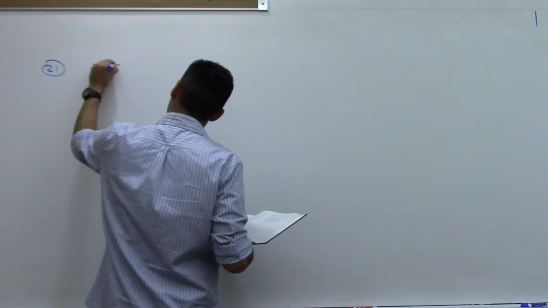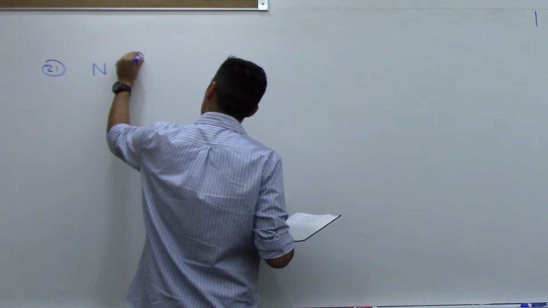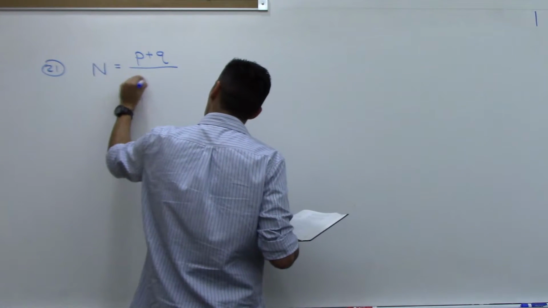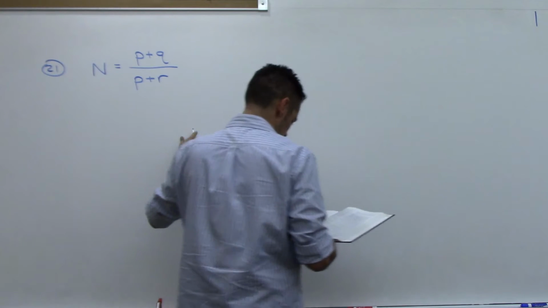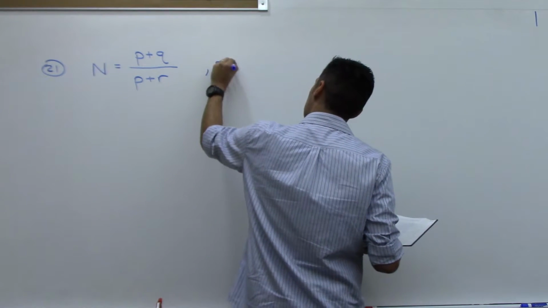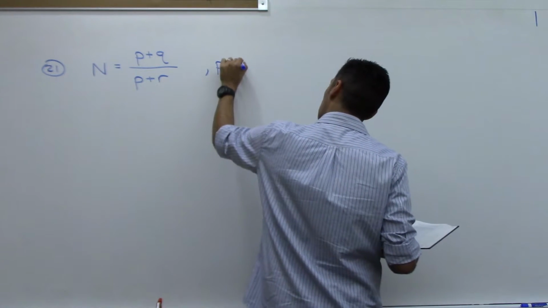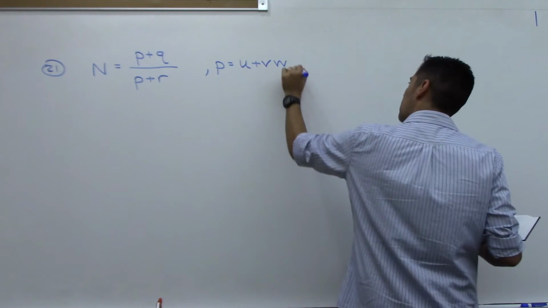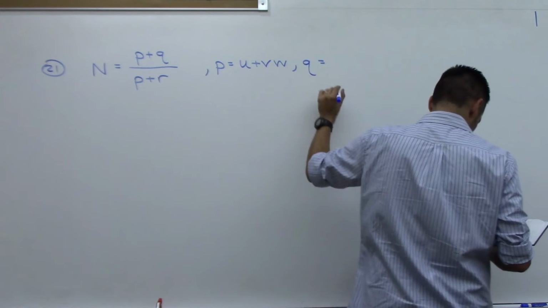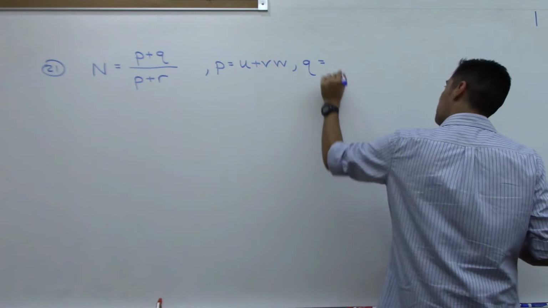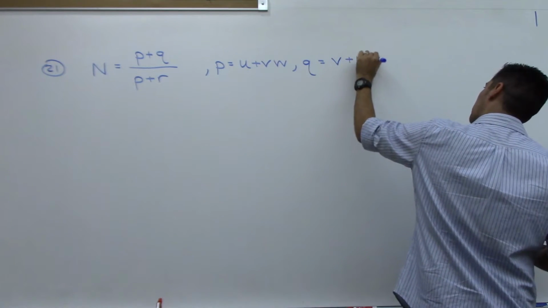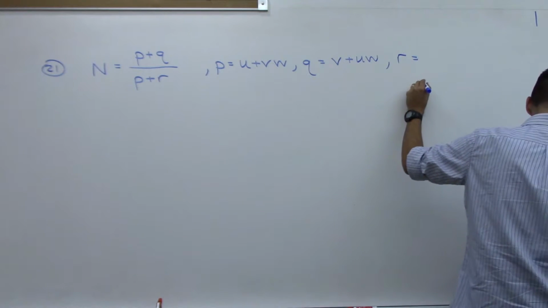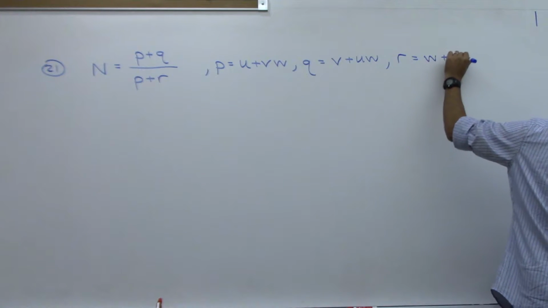Capital N is equal to P plus Q over P plus R. P is equal to U plus VW. Q is equal to V plus UW, and R is equal to W plus UV.